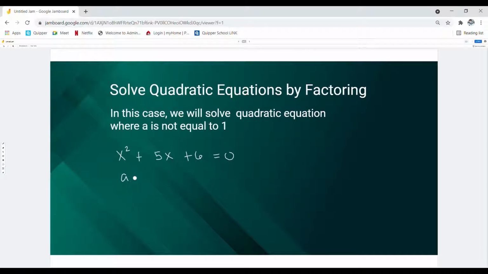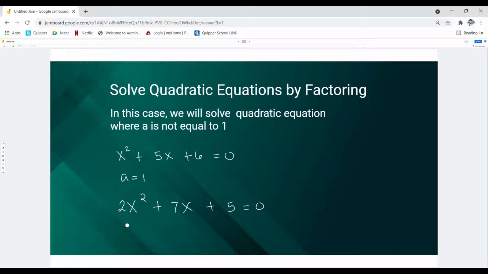Obviously, a here is equal to 1, and we factored this using the method in that video. Today, suppose we have 2x squared plus 7x plus 5 equals 0. This kind of quadratic equation we are going to solve.